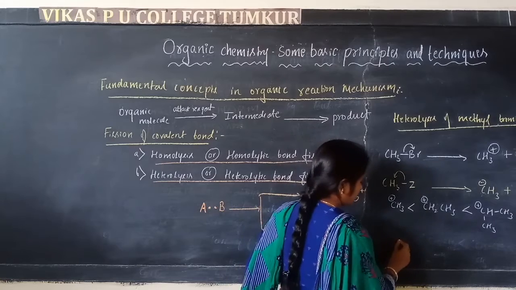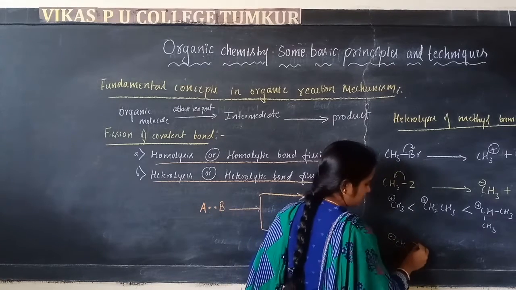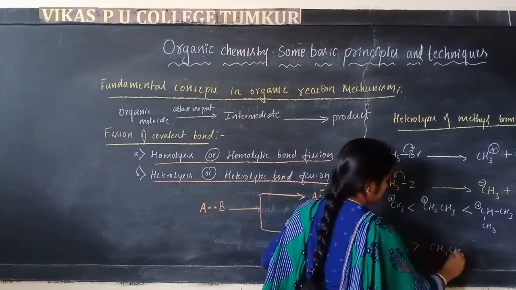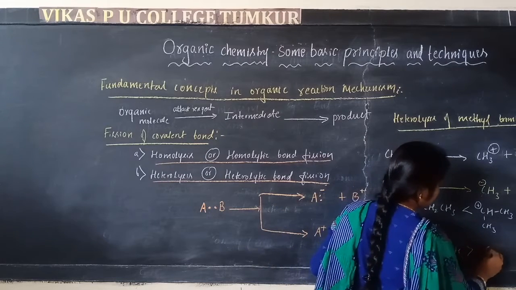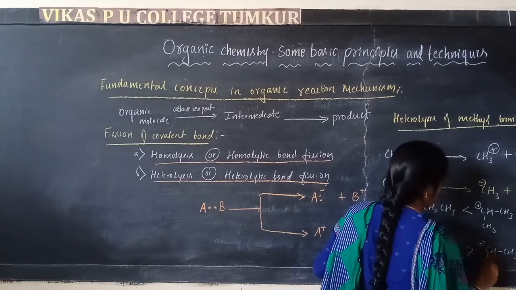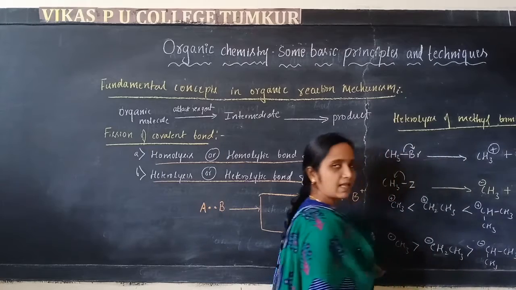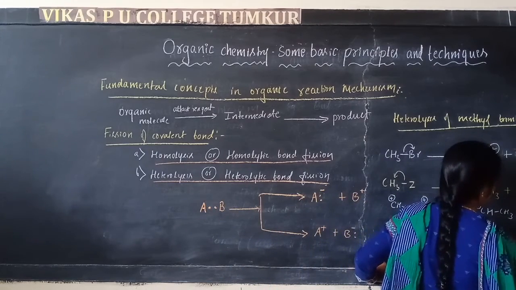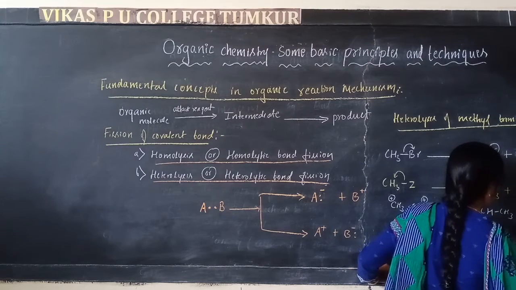The methyl anion is more stable than the primary anion. Then primary anion is more stable than the secondary anion. Then the secondary anion is more stable than the tertiary anion. This is about the stability of the carbocation and carbanion.